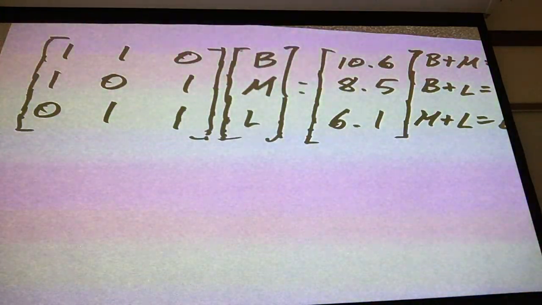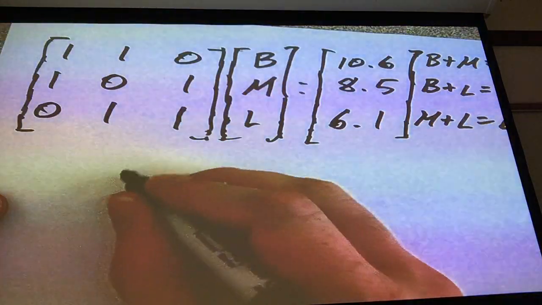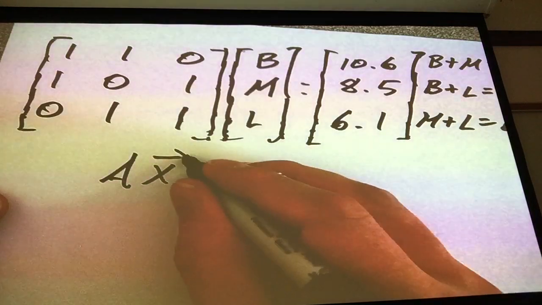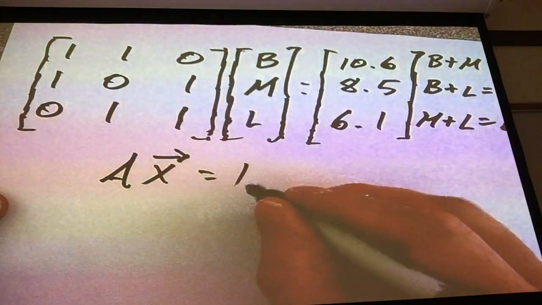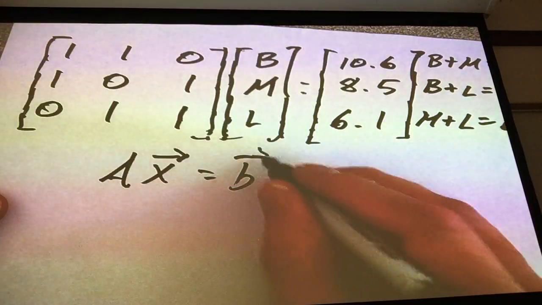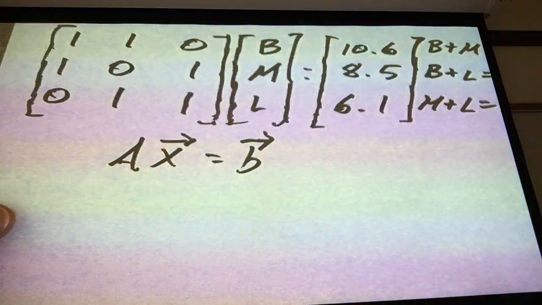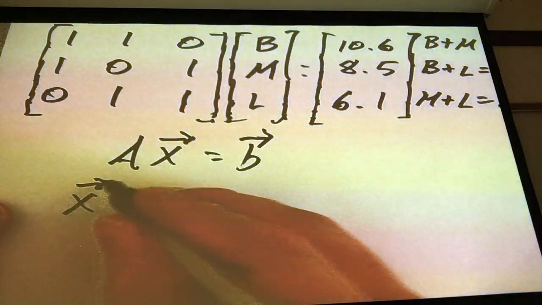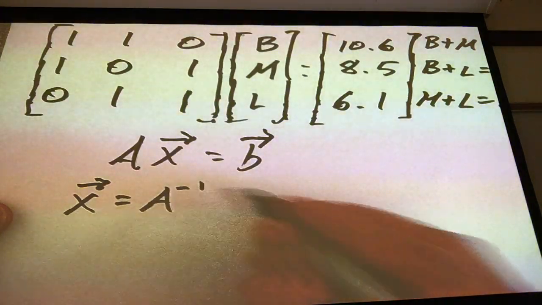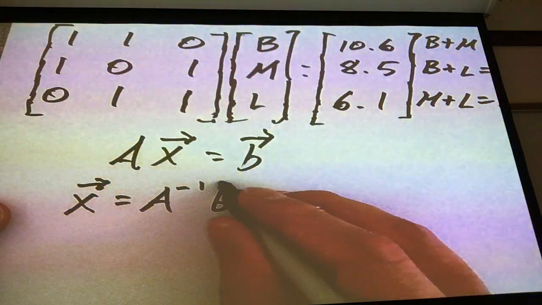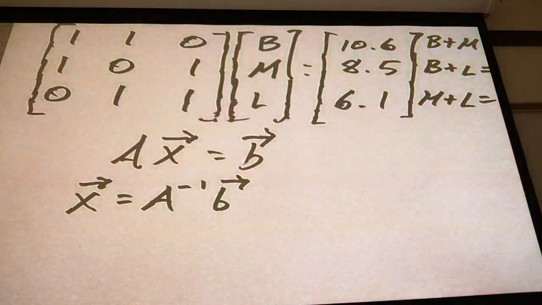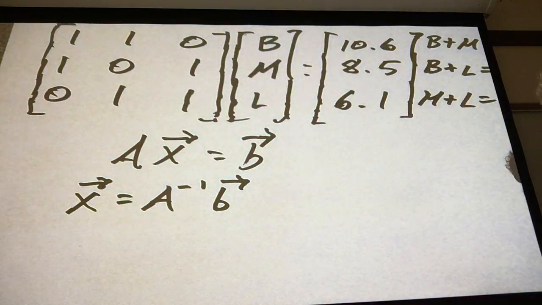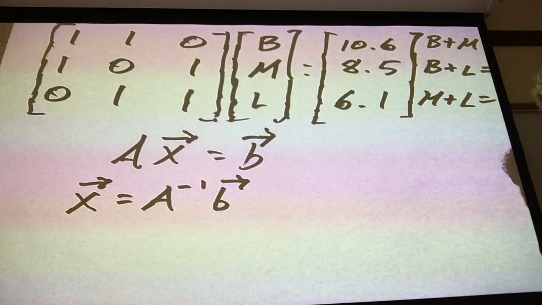Let's say a matrix A acting upon a vector x is supposed to equal some vector b. Another way to do this problem is to say x equals A inverse b. So finding the inverse matrix, and we're going to go over how to find an inverse matrix during the next class period.